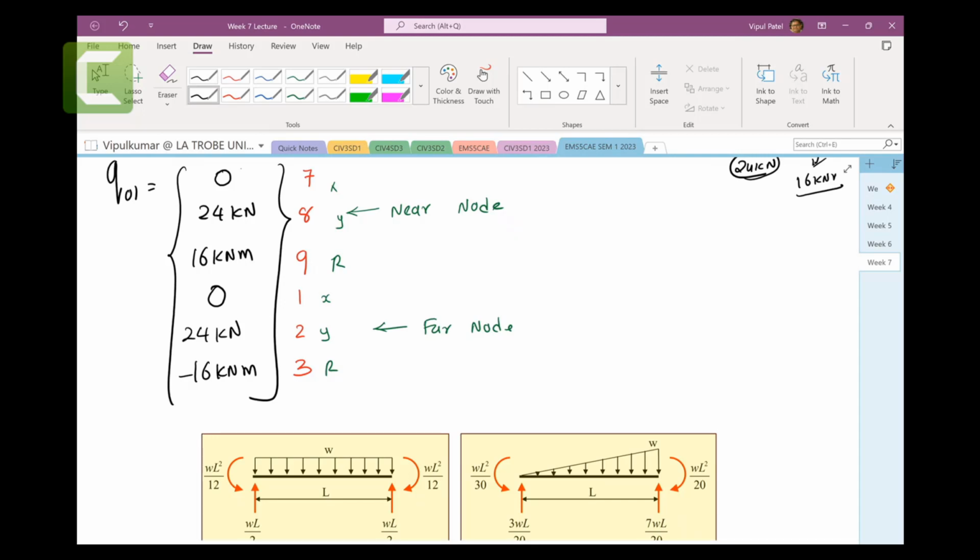Any questions there before moving on to the Q02 section?